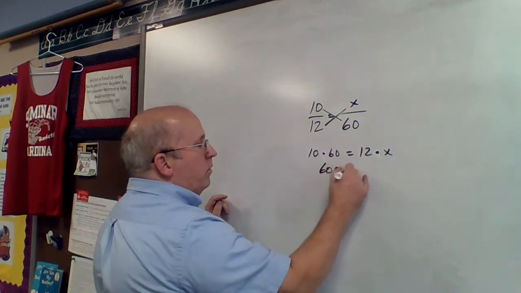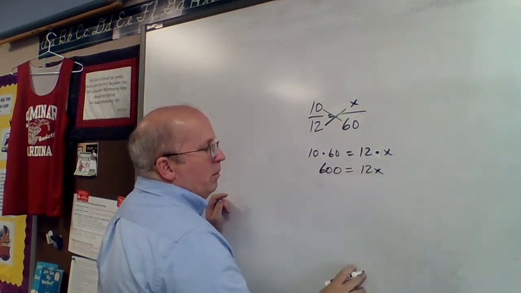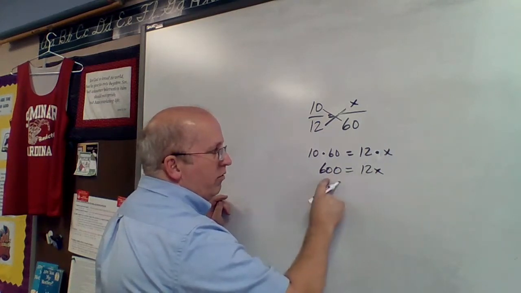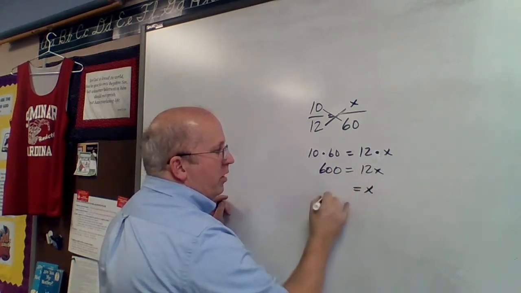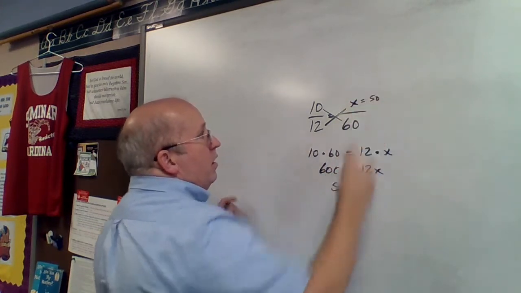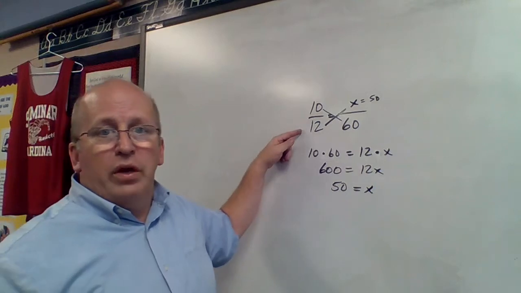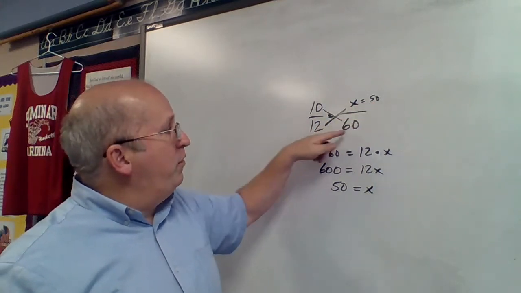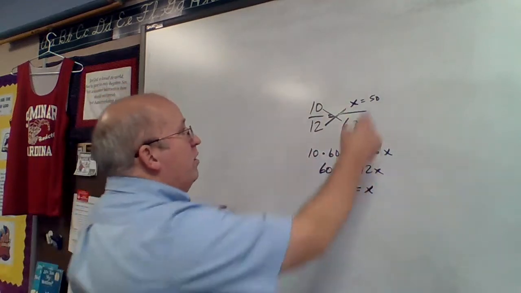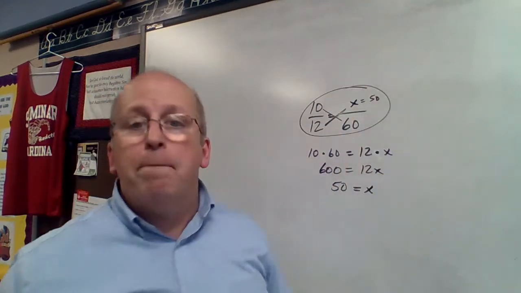How am I going to figure out what x is? I'm going to divide both sides by 12, and I get an answer of 50. So theoretically, if Cora can make 10 out of 12 free throws, then she can also make 50 out of 60 free throws. This whole thing is called a proportion.